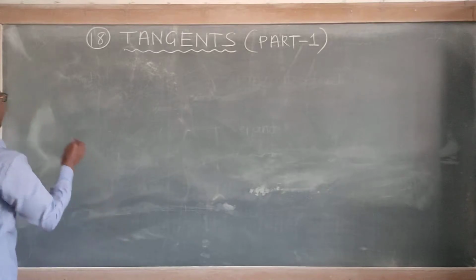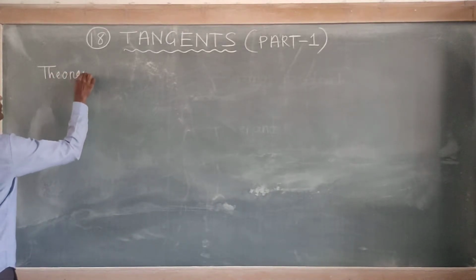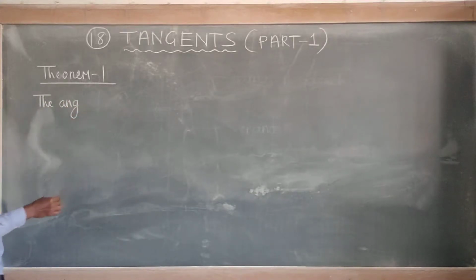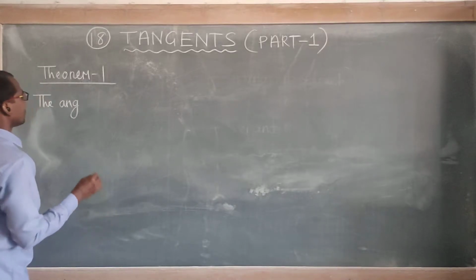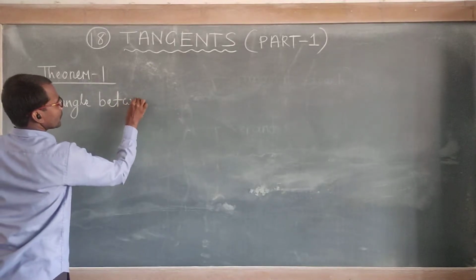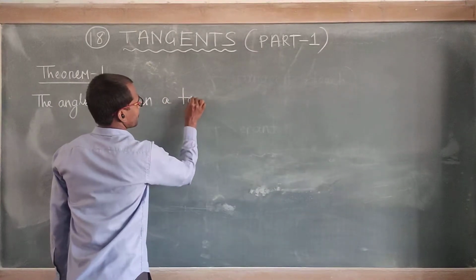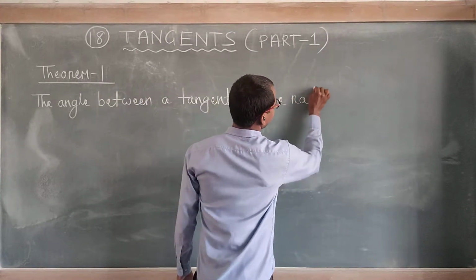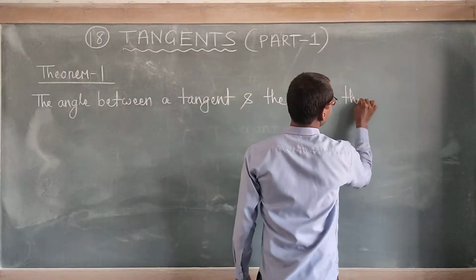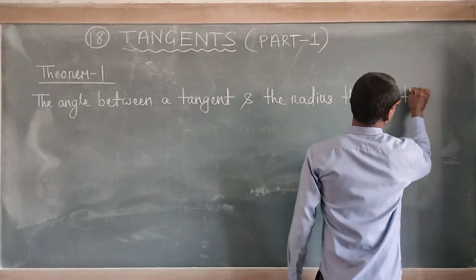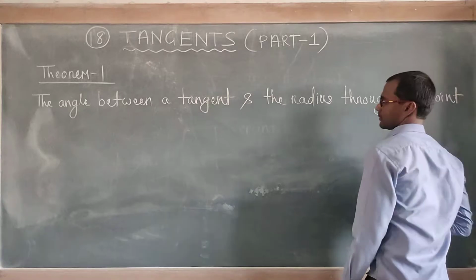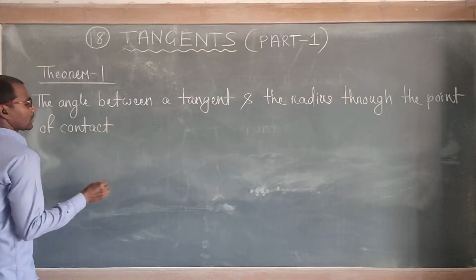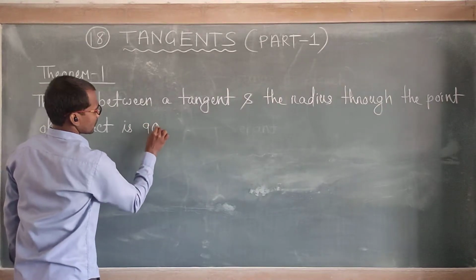Next, theorem number 1 states that the angle between a tangent and the radius through the point of contact is 90 degree.